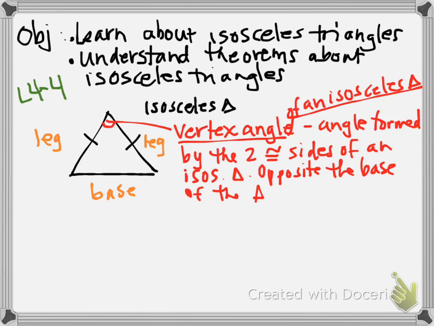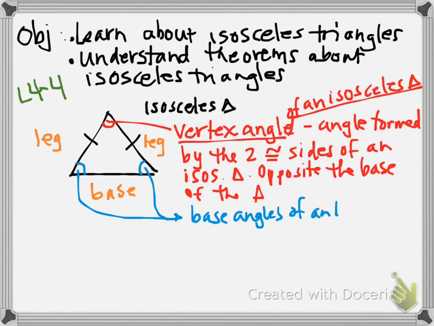All right, let's talk about the two angles that are formed at the base. You'll never guess their name. They're called base angles of an isosceles triangle.